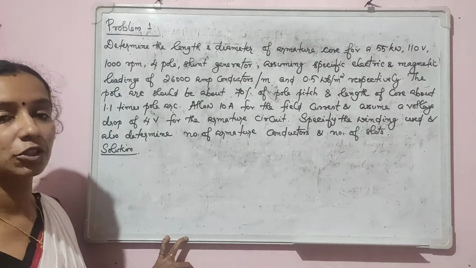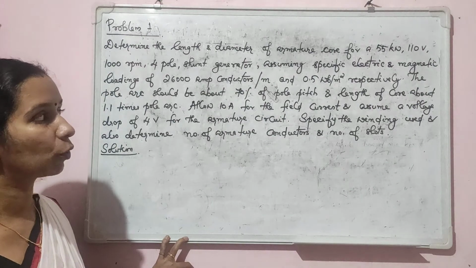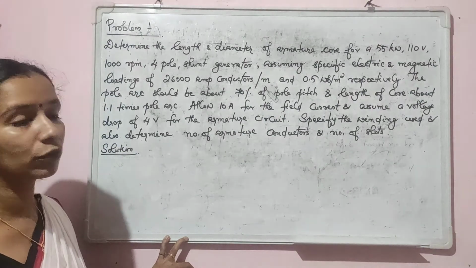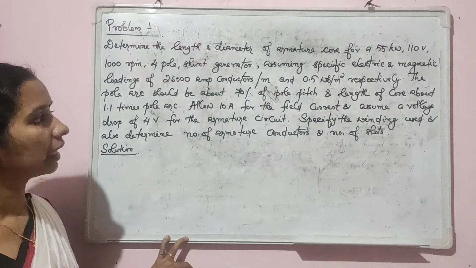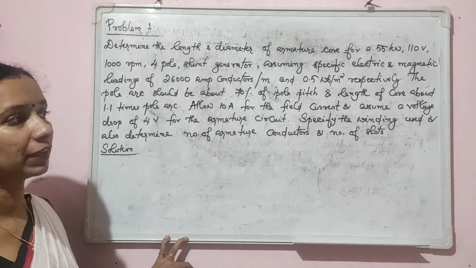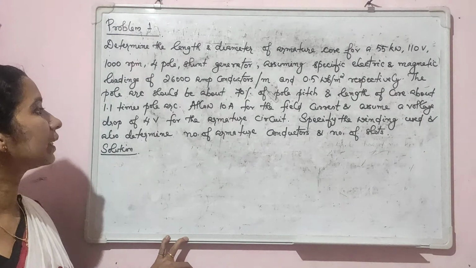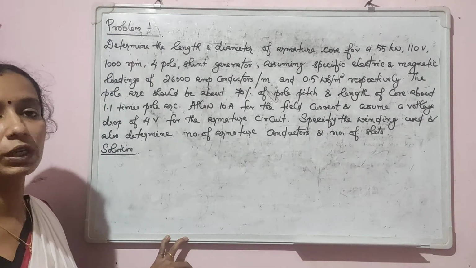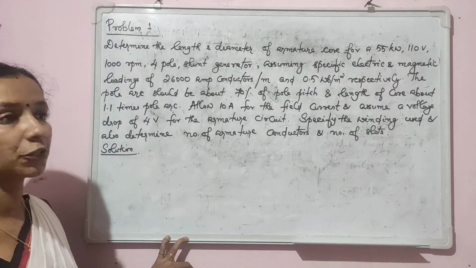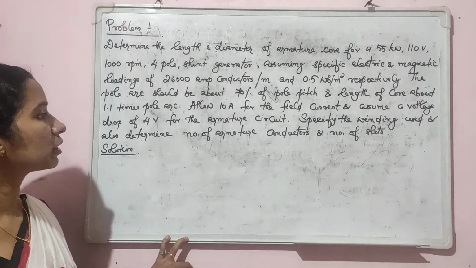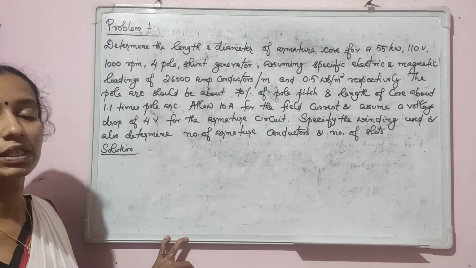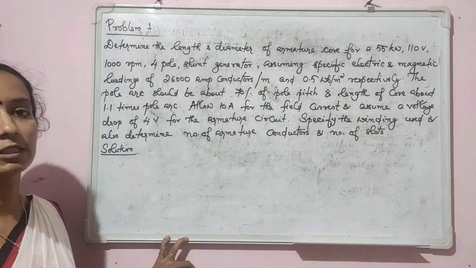The pole arc should be about 70% of pole pitch and length of core about 1.1 times the pole arc. Allow 10 ampere for the field current and assume a voltage drop of 4 volt for the armature circuit. Specify the winding used and also determine the number of armature conductors and number of slots.